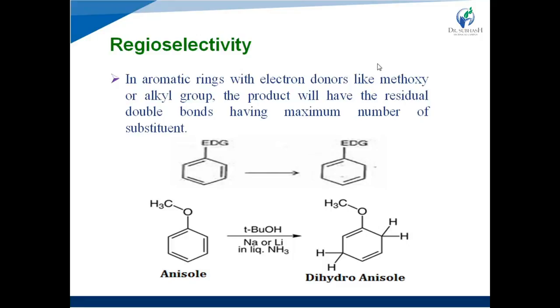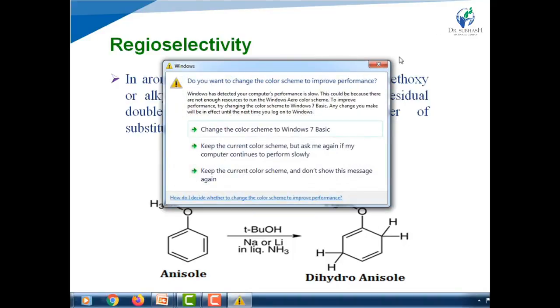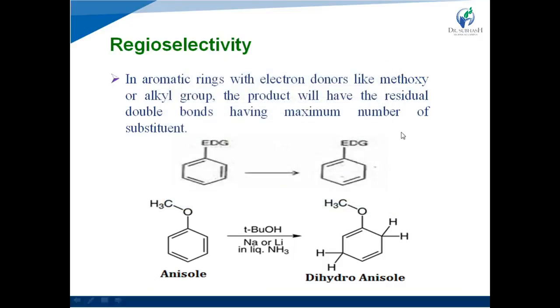See in the first reaction, an aromatic ring with EDG, that is electron donating group, undergoes Birch reduction, and reduction of the 1,4 carbons occurs, but the carbon containing the electron donating group retains the double bond, or is part of the double bond, right?